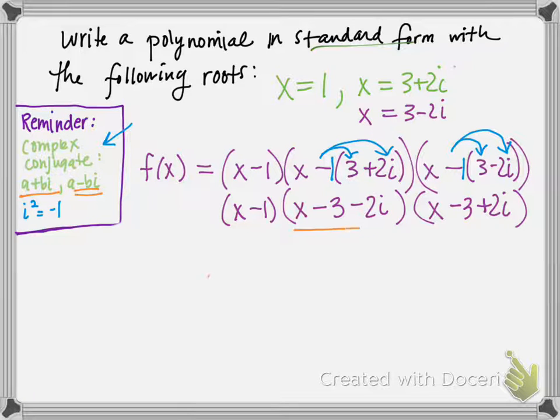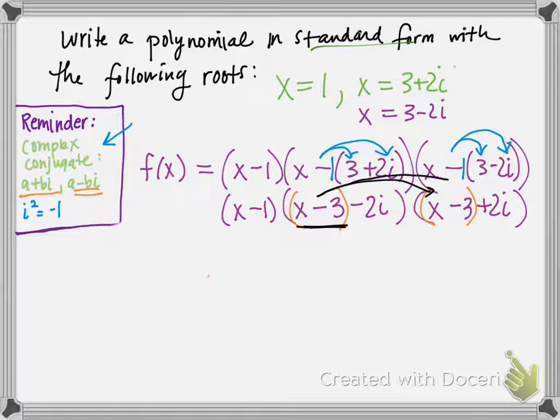So again, I'm focusing just on the last two factors, and I'm going to be putting parentheses around the x minus 3's. If I look at multiplying just the last two factors together, you would start with this term, and you would distribute that to both terms in the second parenthesis, right? So when you distribute it to the first term, x minus 3 times x minus 3 is x minus 3 squared.